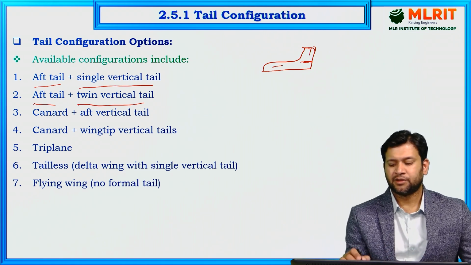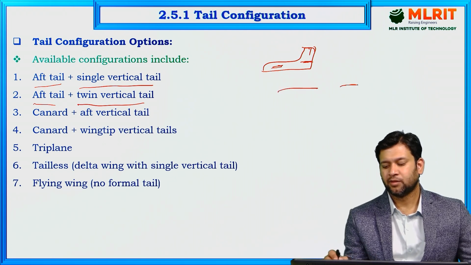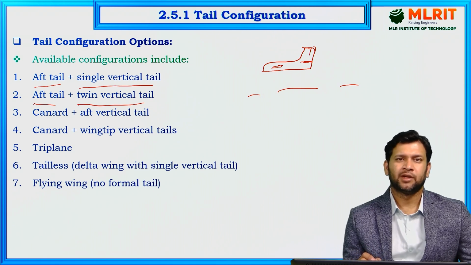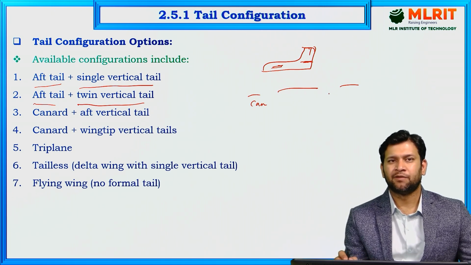In some aircraft, in some configurations, we have a tail before the wing, like Su-35 and Rafale. We have canard options; this is canard, which is ahead of the wing. Behind the wing, we call it aft tail, and in front of the wing, we call it canard.